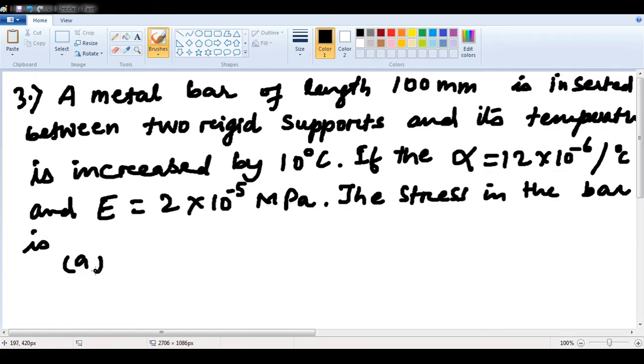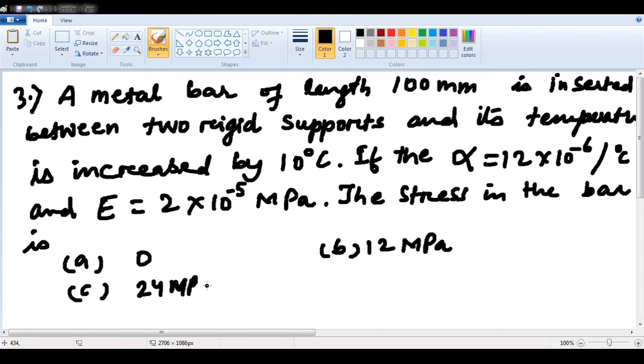The options are: A is 0, B is 12 megapascal, C is 24 megapascal, and D is 2400 megapascal. Clear?